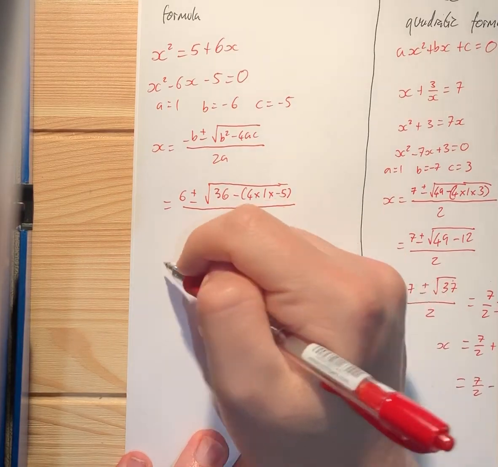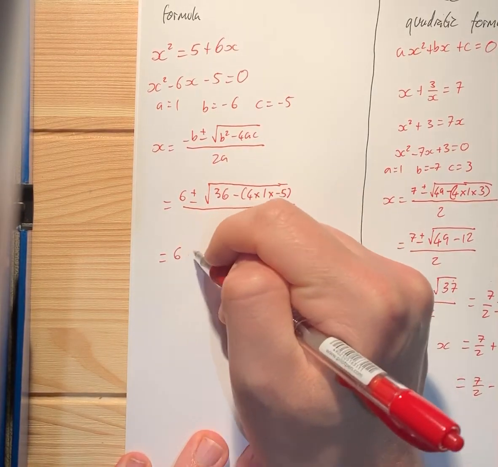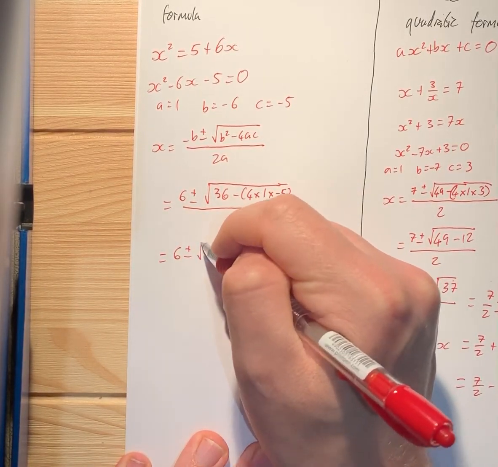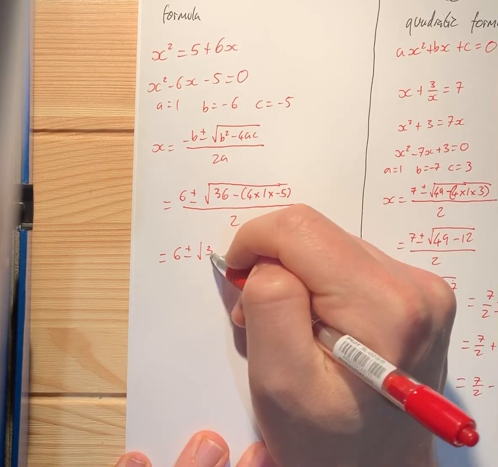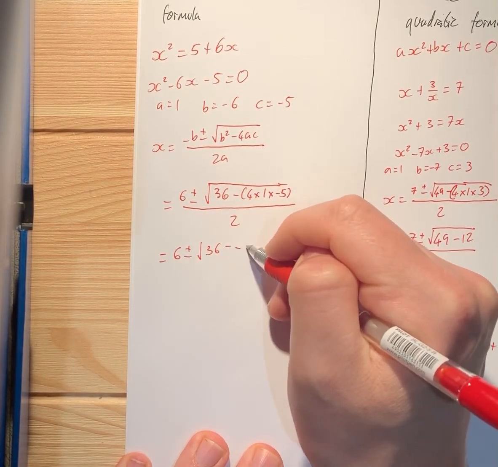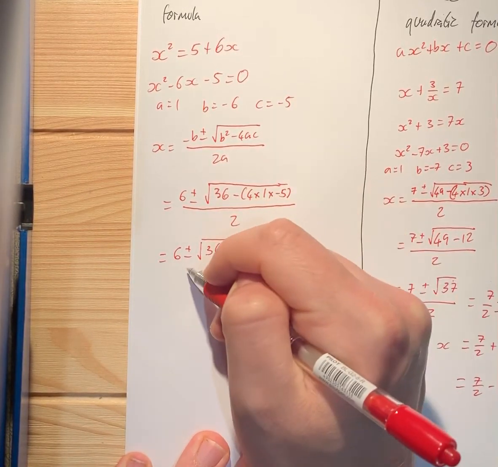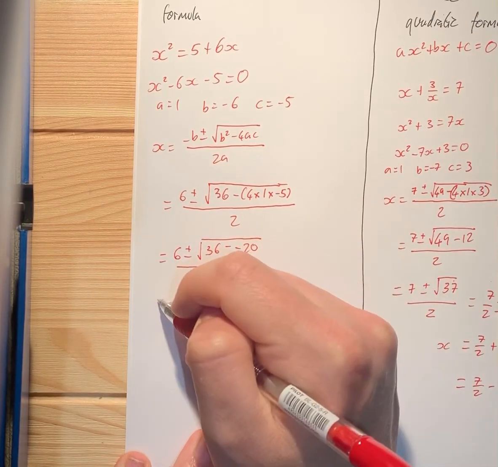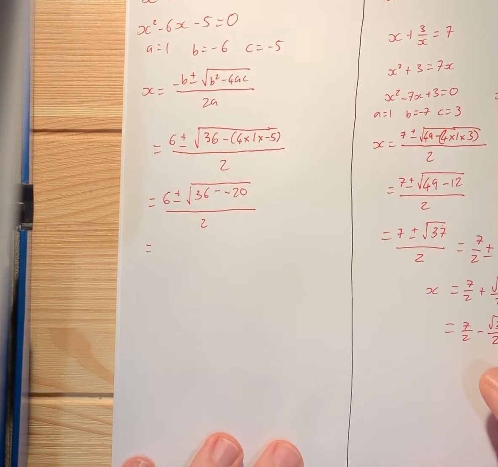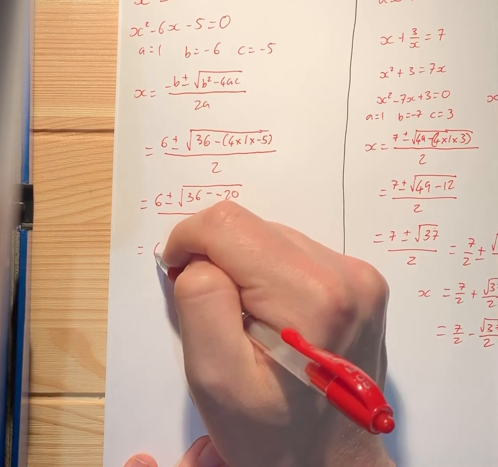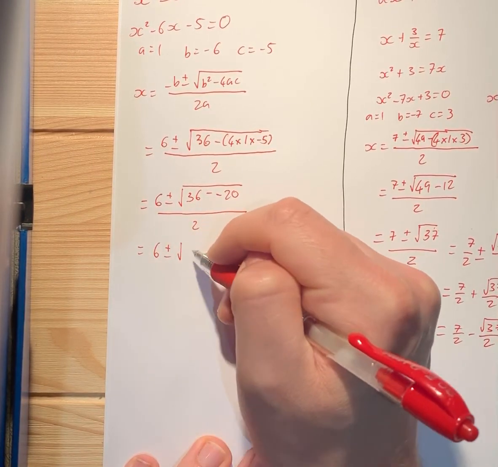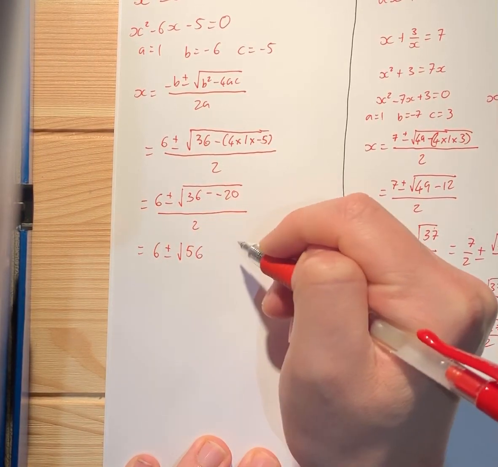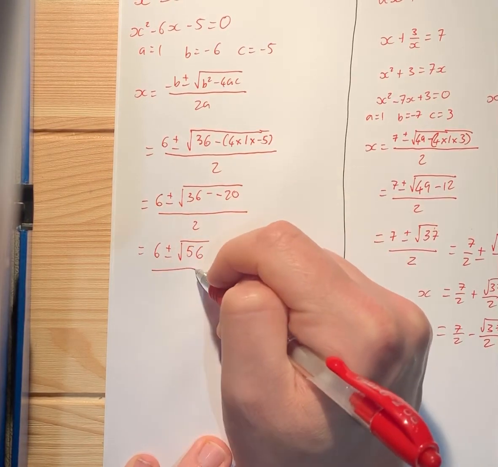Tidy this up. That gives me 6 plus minus the square root of 36 minus 20, which is, so it's going to be 6 plus minus square root of 56 all over 2.